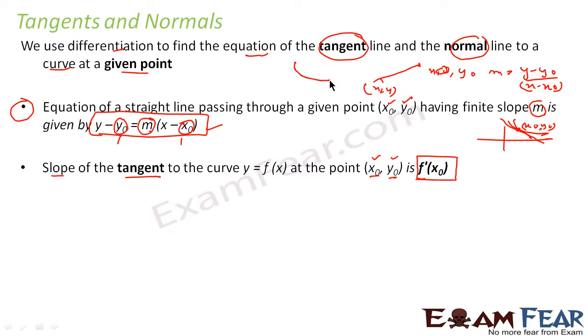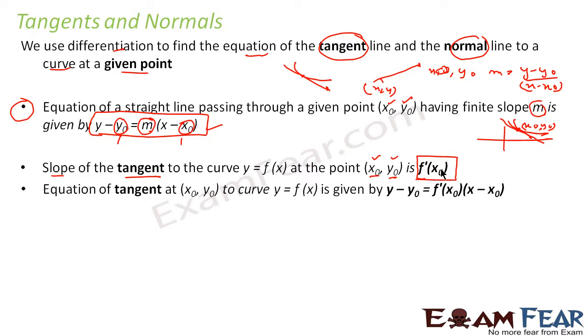If I have a curve like this, this is my tangent, and the slope of the tangent is nothing but f dash x0. Now if I have the slope, I can just choose this equation: y minus y0 is equal to m, and instead of m I put f dash x0, into x minus x0. This is nothing but the equation of tangent. So for a given curve, I can find the slope of tangent, that is f dash x0, where x0 is the point where we want to find the slope.